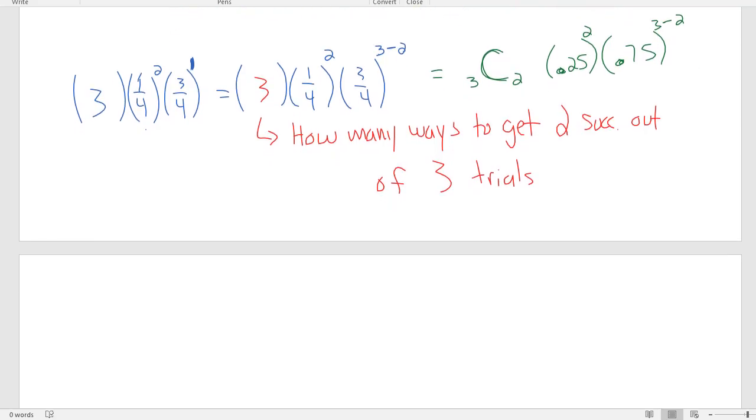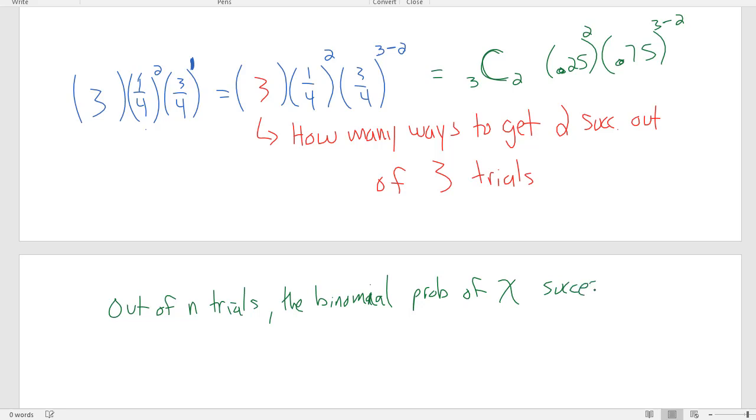Now, again, when we look in a textbook, what we typically see is the following formula. We typically see something like this. Out of n trials, the binomial probability of, we're going to say, x successes is given by this formula.